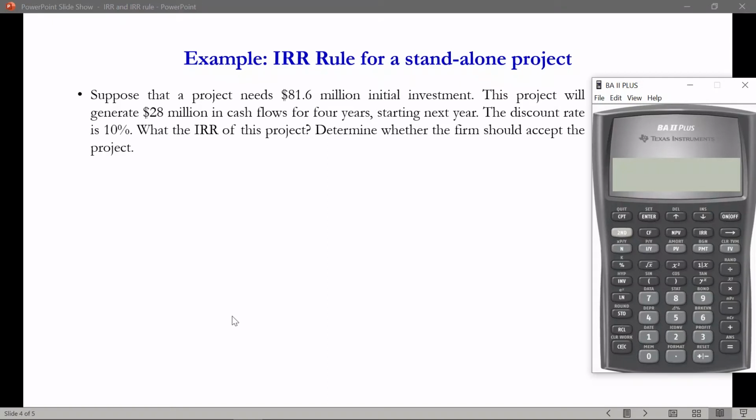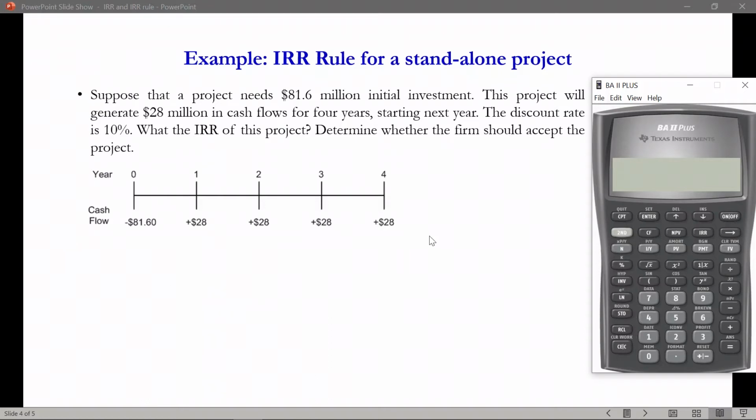So first of all, I need to create a timeline to have an idea about the cash flows for this project. So here's my timeline. Our initial investment would be at time 0, and then I have 4 cash flows at the end of each year.